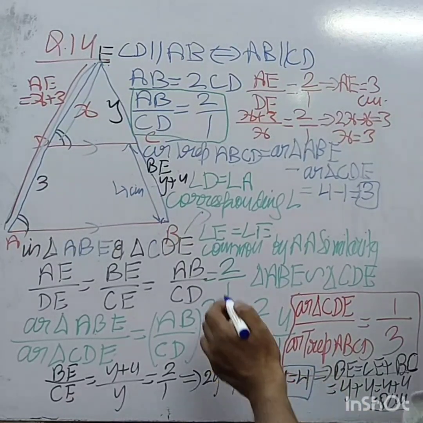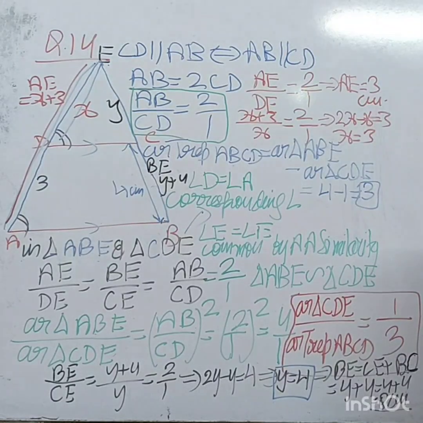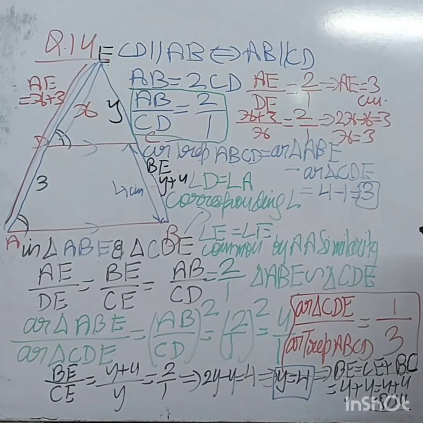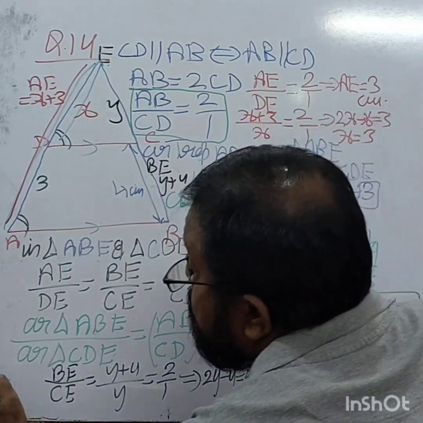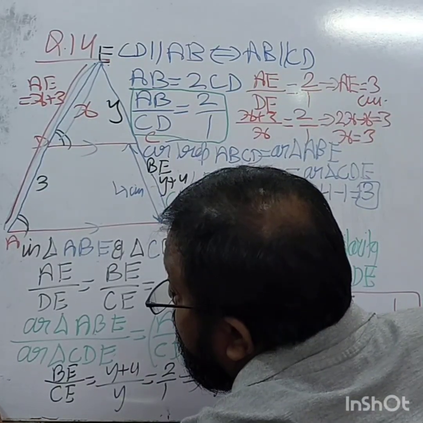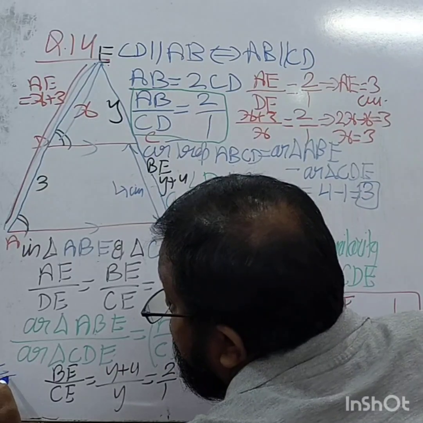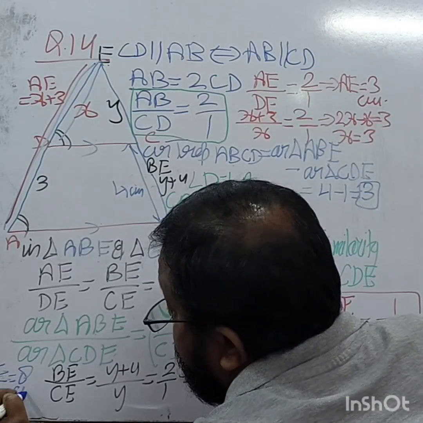So 4 plus 4 becomes 8. So what is your answer? 8 centimeter. So BE is equal to 8 centimeter.